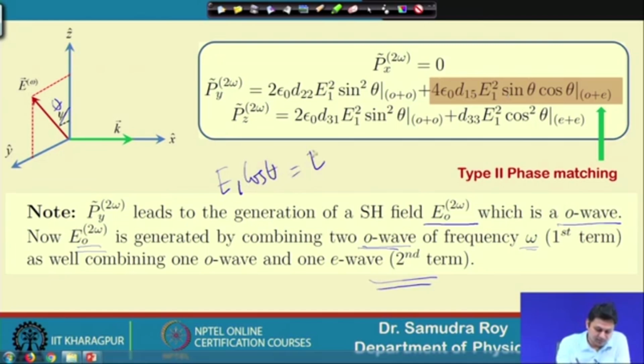So, this is an extraordinary component, and E 1 sin theta is ordinary wave because it is along y direction. So, in both the cases it is the omega component. So, these two combination, basically one ordinary and one extraordinary wave, generate this term, and this term basically gives us a type 2 kind of phase matching.